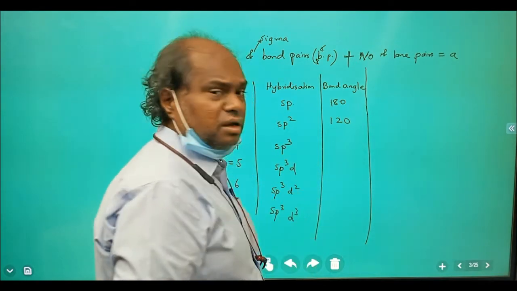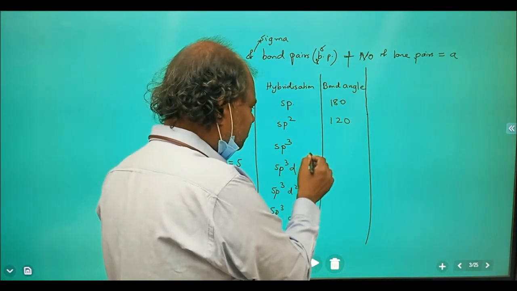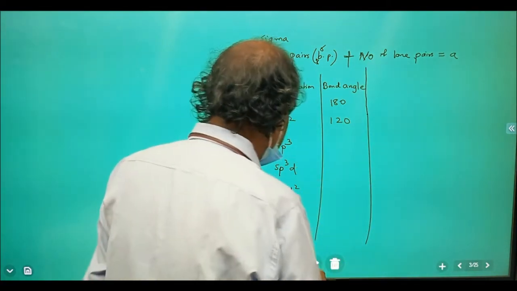Okay. SP2, how much will you get? 120. For SP3, the bond angle will slightly change depending on the number of lone pairs.